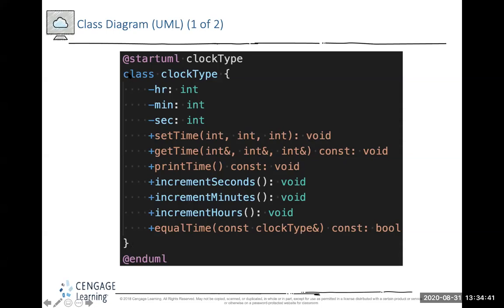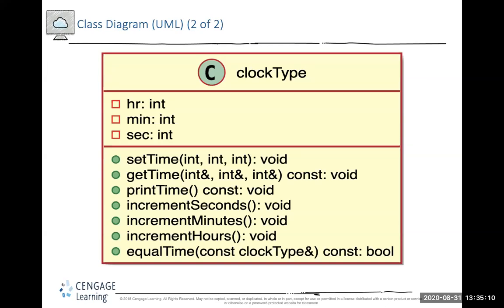And this is essentially a UML specification of a class. The minuses are private members, pluses are public members, and then you also have pound signs representing the protected members. And so you see there are some variables, some functions. And once you have this specified, it can be generated into a diagram like this.